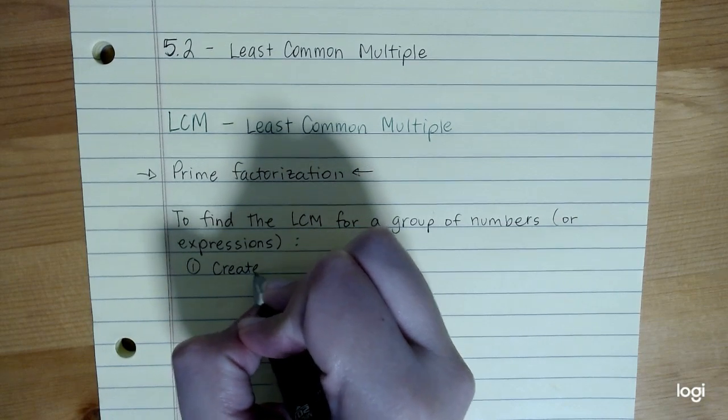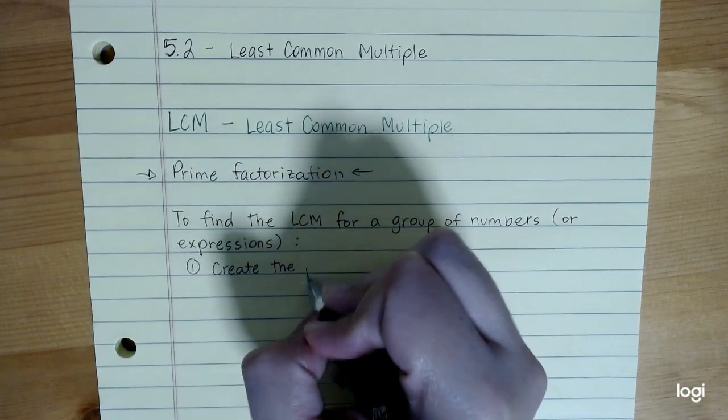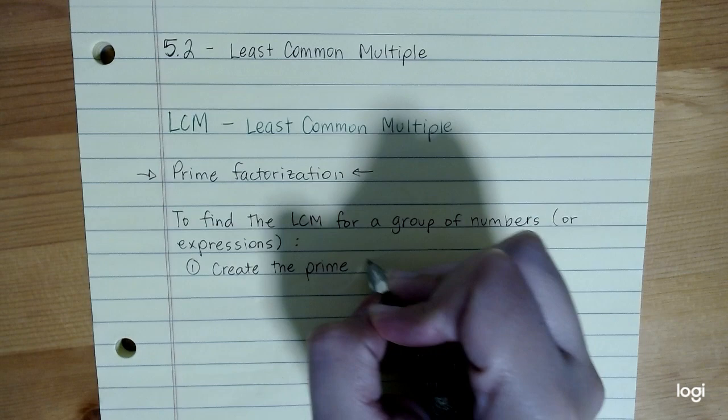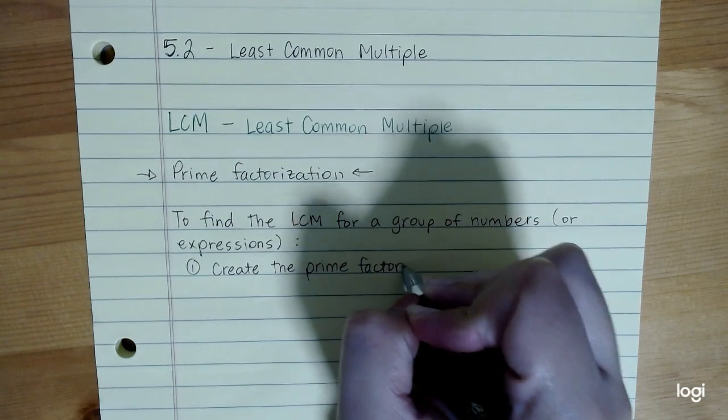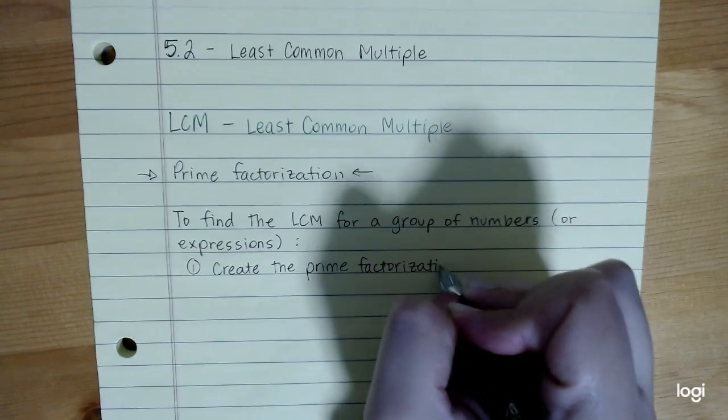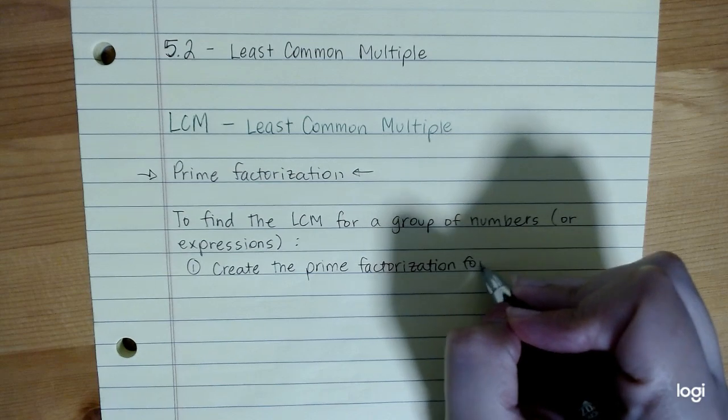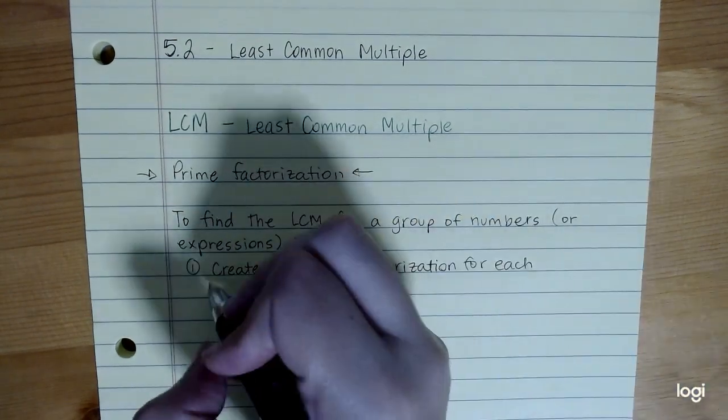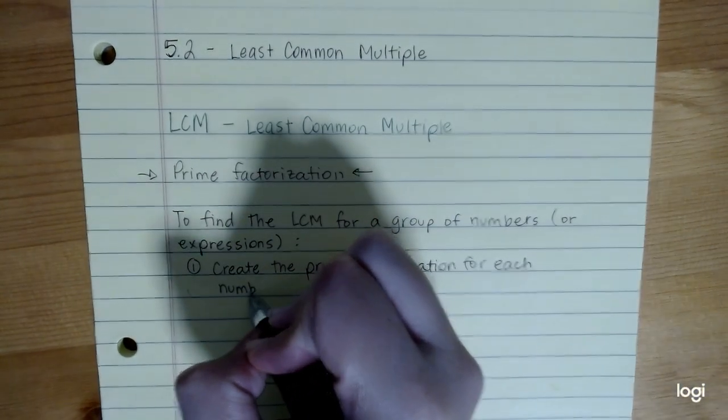So to find the LCM for a group of numbers or expressions, we are going to first create the prime factorization for each number or expression.